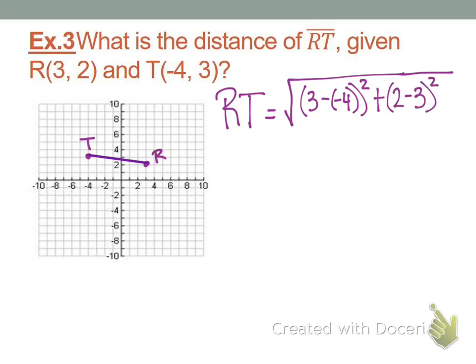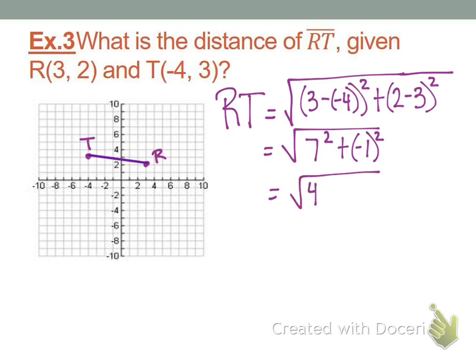So 2 minus 3 squared. We'll start simplifying by order of operations. 3 minus negative 4 is 7 squared, plus 2 minus 3 is negative 1 squared. I would recommend putting negatives in parentheses when you square them.